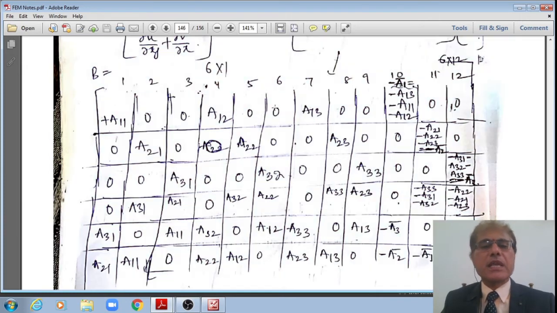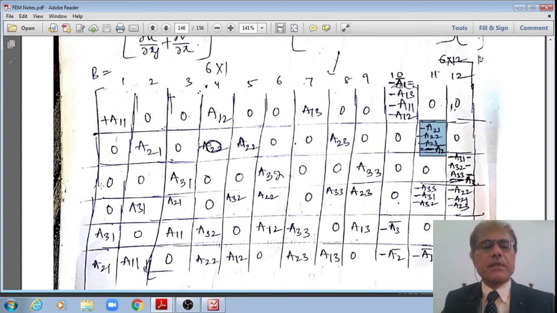Then in a cyclic fashion, students, now we can check dou v by dou y, the normal strain along y direction, as right here a11 will become a21, a12 will become a22, a13 will become a23. This minus a1 bar will become a2 bar.